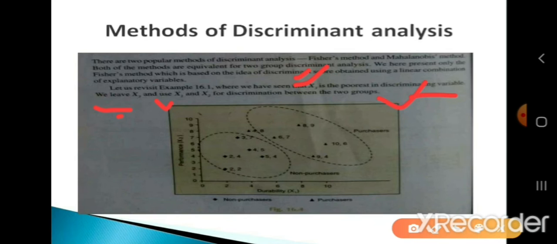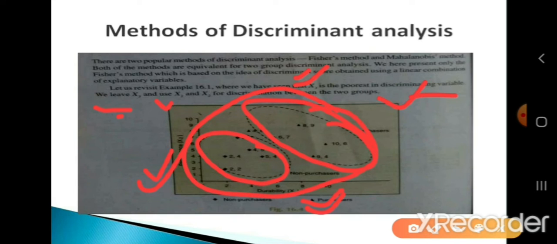So we are now taking the two variables x1 and x2 to discriminate the groups easily. On the basis of these, we can easily discriminate between the two groups. These two groups are mutually exclusive, and they are also collectively exhaustive.